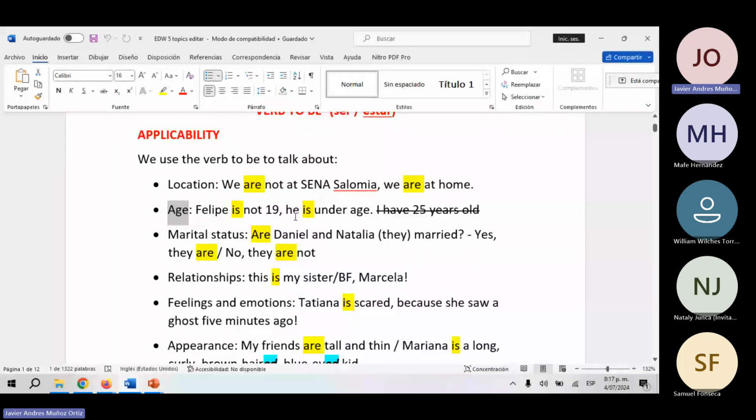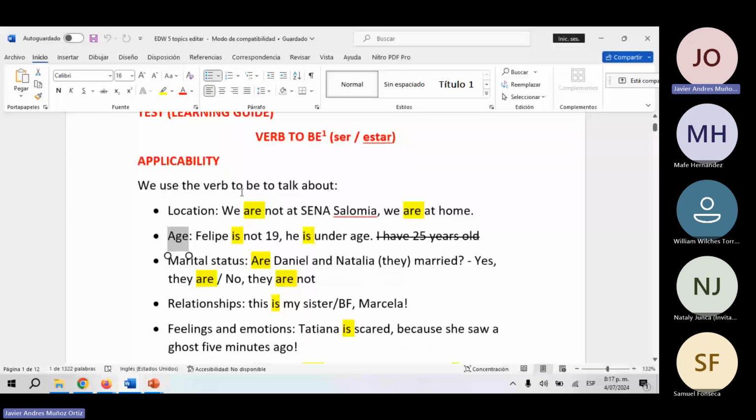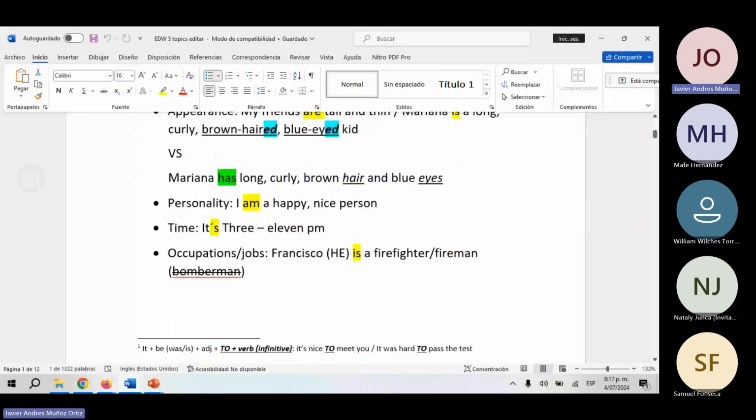So in Spanish we say, yo tengo 17 años, tener, right? But in English we say, I am, she is, or we are 17 years old. Let's suppose we are 17. So this is the applicability. The same reason why we use verb to be in Spanish is the same reason why we use verb to be in English.